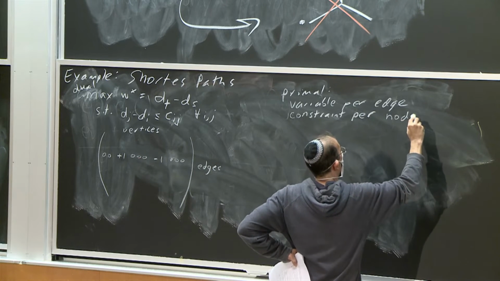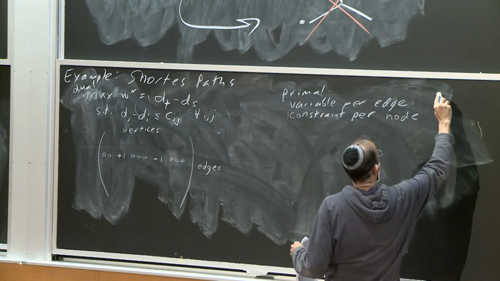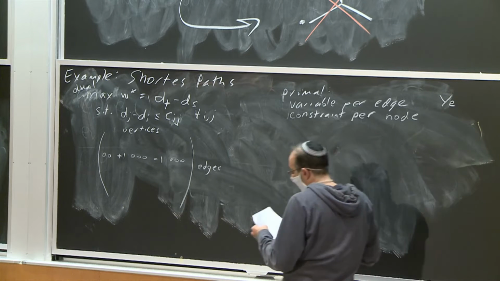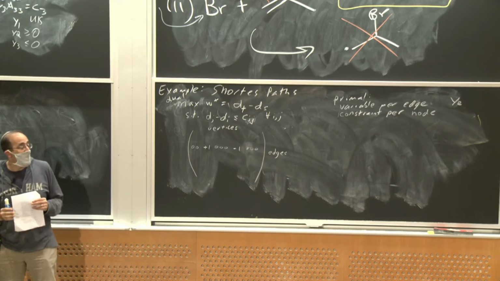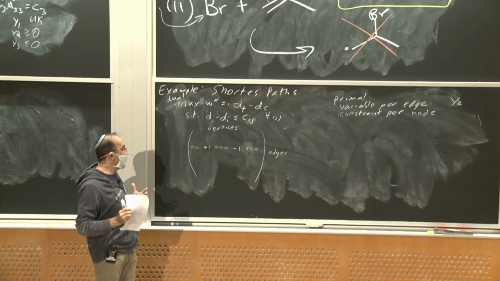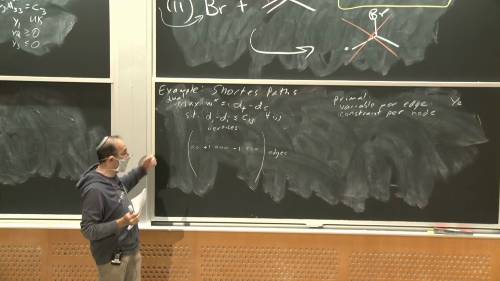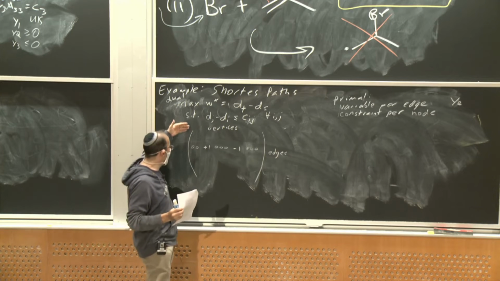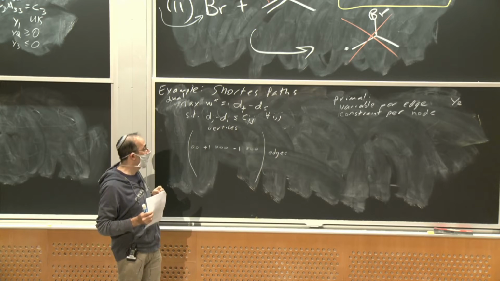Okay. So let's call these variables y sub e. Again, that's one of the easy steps, right? I know that I'm going to have a variable for each constraint in the dual, so however I'm indexing the constraints, I'll use that to index the variables.